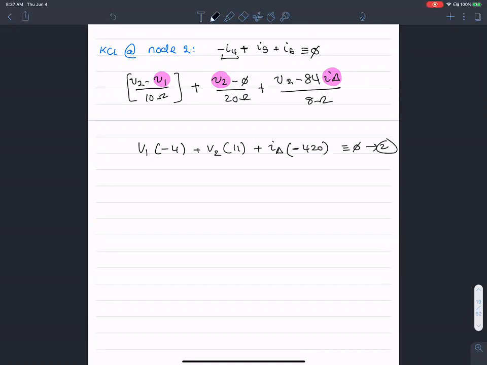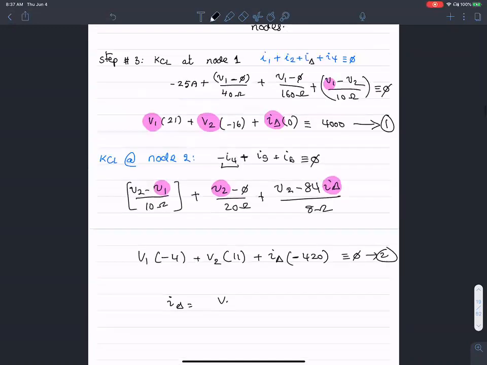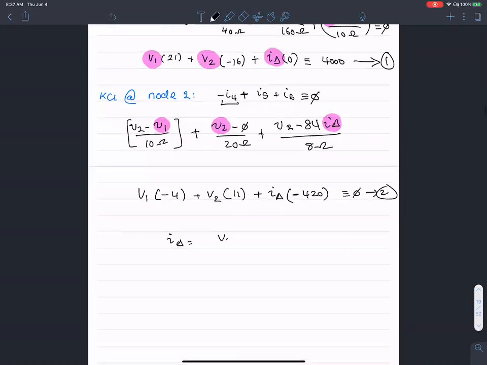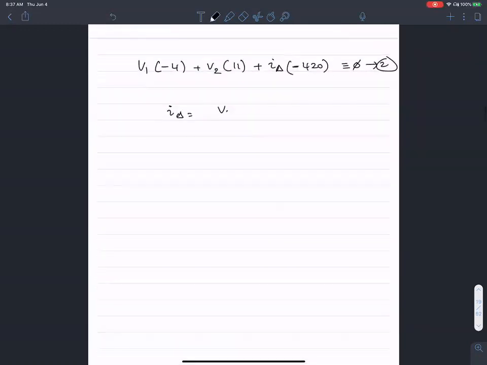The third equation is I delta is V1 over 160. Or to put it in a familiar form, V1 times 1 plus V2 times 0 plus I delta times negative 160 equals 0.